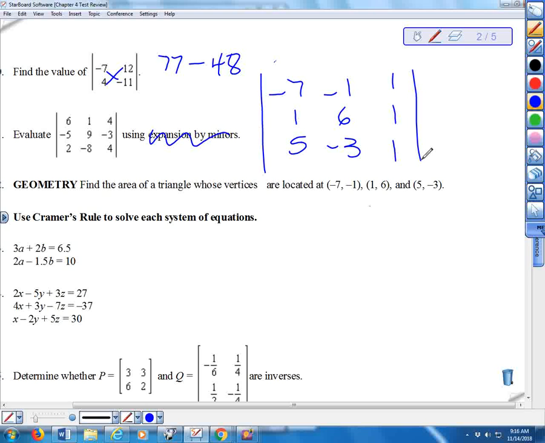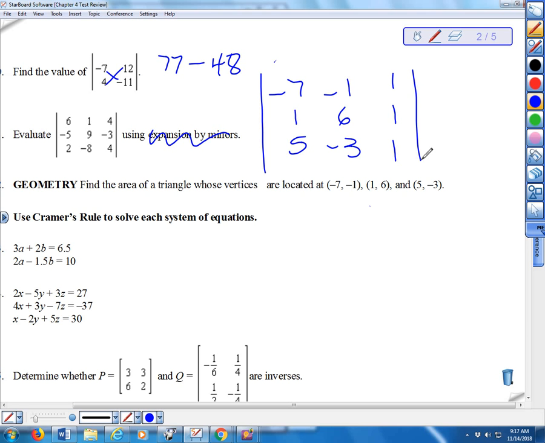You're going to find the determinant and multiply it by either positive or negative 1/2. The positive or negative just means your answer has to be positive because area is a positive number. You don't have negative area normally. So the plus or minus, don't get confused by that. If your answer when you multiply by 1/2 is still negative, just make it positive. It's almost like taking the absolute value of it.